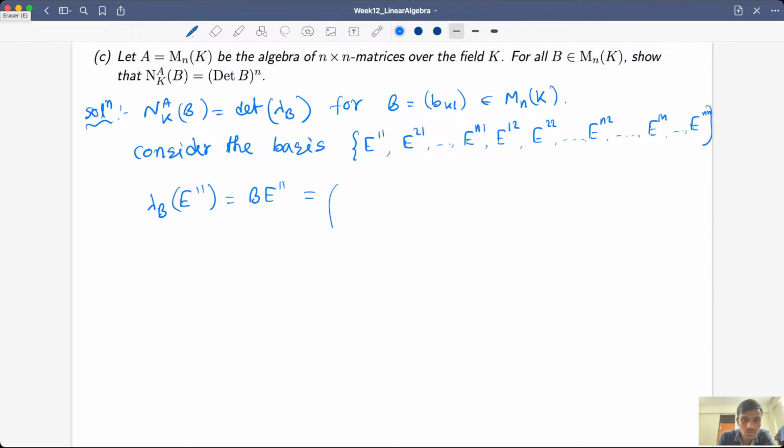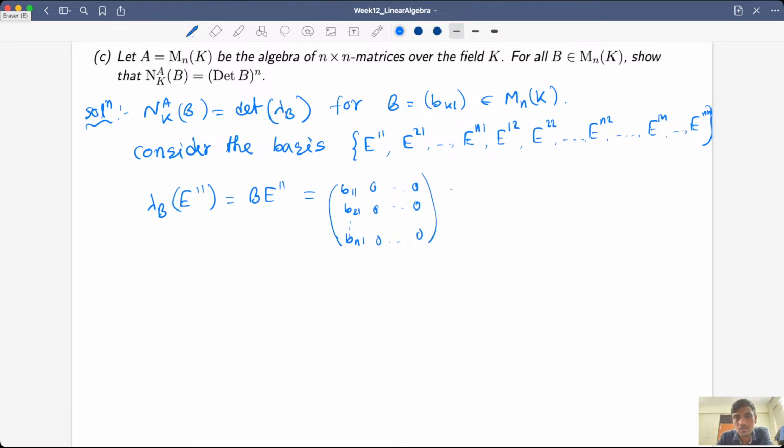So I get a matrix with first column b11, b21, up to bn1, and all the remaining entries 0.